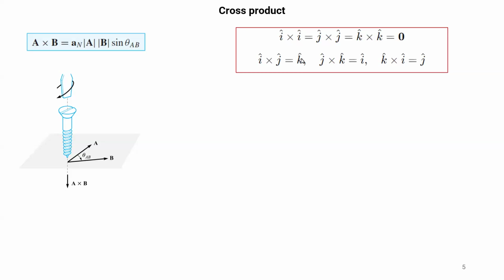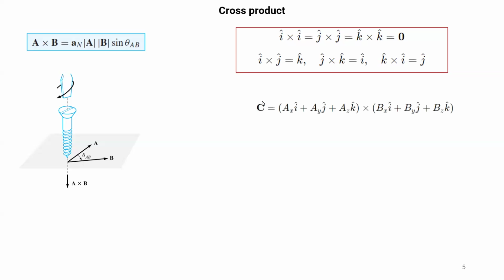If you do the cycling, k goes to the place of j, j goes to i, and i goes to k, you get the next one, and so on. This is because i, j, k are orthogonal vectors.